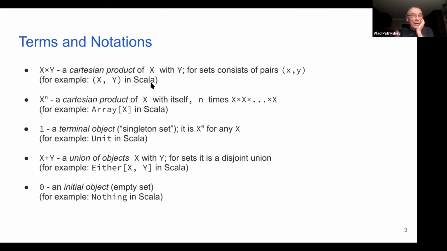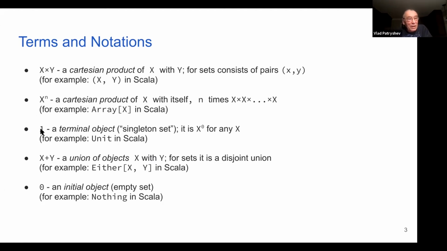I'll be giving a lot of Scala examples, although Scala is not what I'm going to talk about. X to the power of n is a Cartesian product of X with itself n times, for example an array of X in Scala, if you have arrays of the same size.